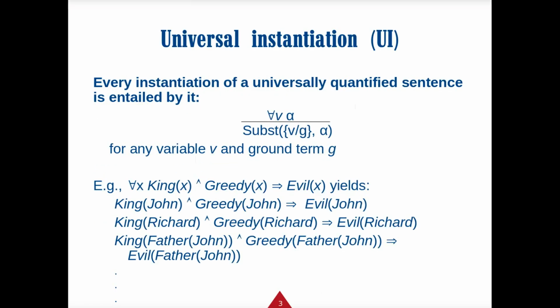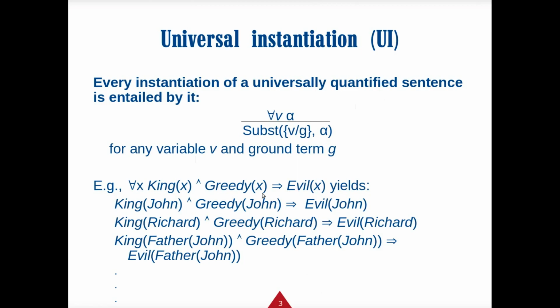If you want to convert universal instantiation, remember the upside-down A, in first-order logic to propositional logic, you substitute all the possible values of the variable into the equation. For example, in first-order logic: for all X, King(X) and Greedy(X) implies Evil(X).